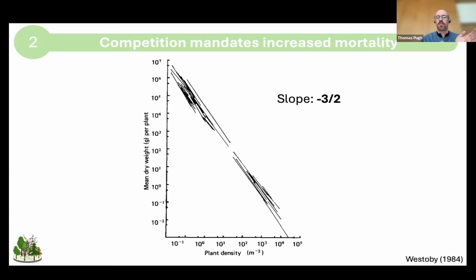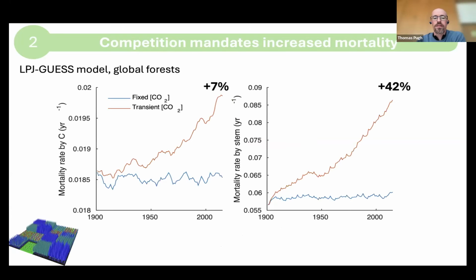What you see here is a plot of self-thinning, so plant density versus the average size of those plants, and basically we have this very well established slope of -1.5. So in time, you have a stand of trees moving up this curve from bottom right to top left, and you're getting bigger but fewer trees. And what this means is, if you grow quicker, you move along this curve more quickly, so your mortality rates must increase.